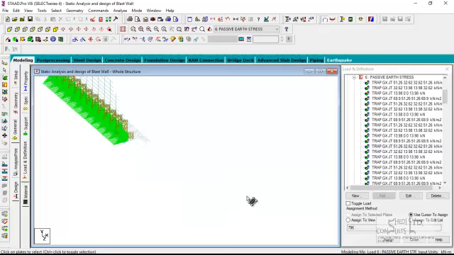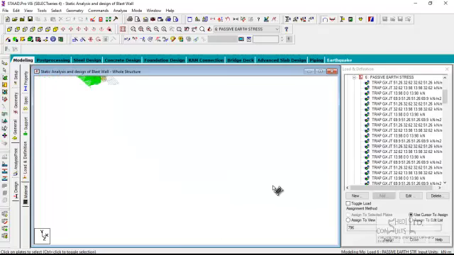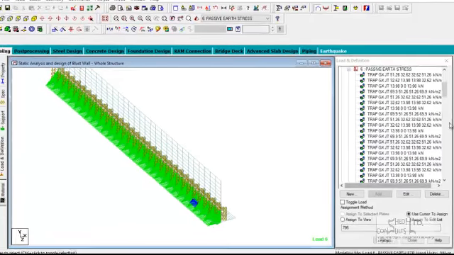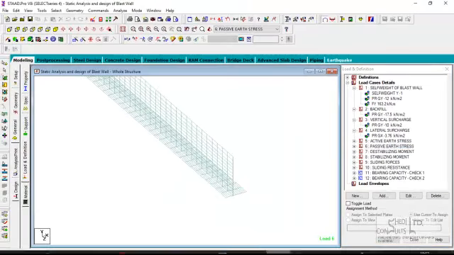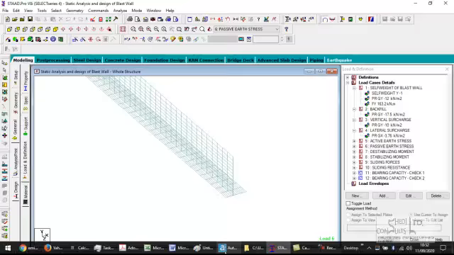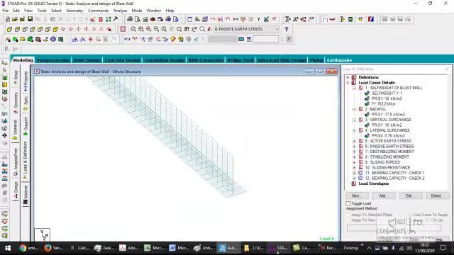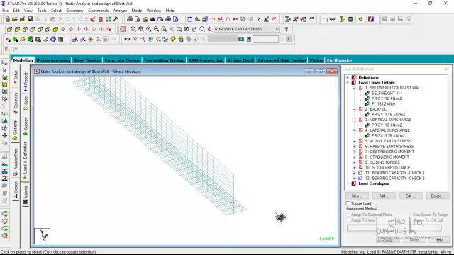Terzaghi's theory states that when the depth is less than 1.5 times the width of the foundation, that foundation is classified as a shallow foundation. So this width is 2.6 meters, and the burial depth from the ground surface is about 1.5 meters. That meets the requirement for shallow foundations. So this caters for the DEP requirements. It also captures static considerations.